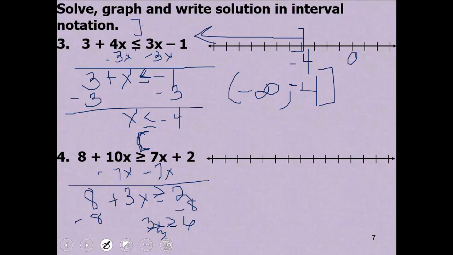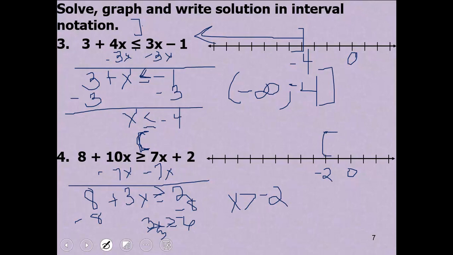I'm going to divide by 3, which says that x is going to be greater than or equal to negative 2. All right. So here's 0, and here's my negative 2. I'm going to reiterate a little bit here. We have a greater than or equal to sign, so that means I need to use a bracket.